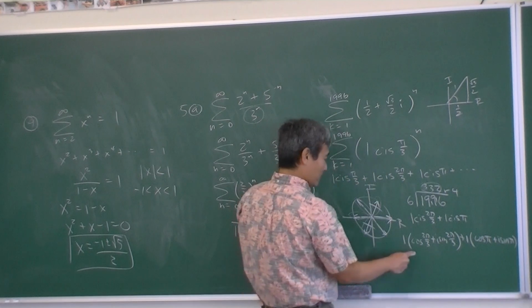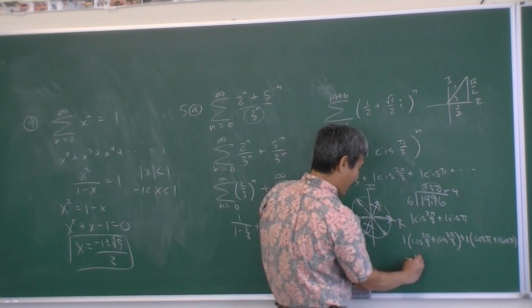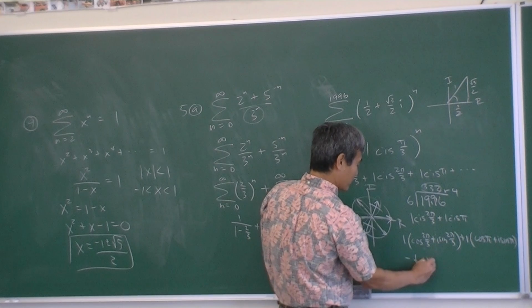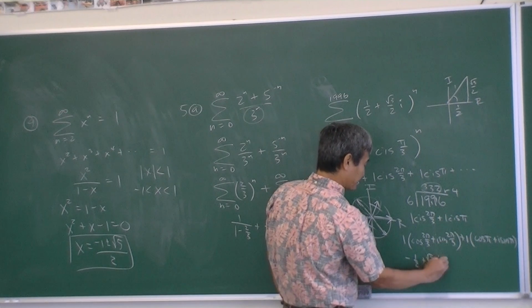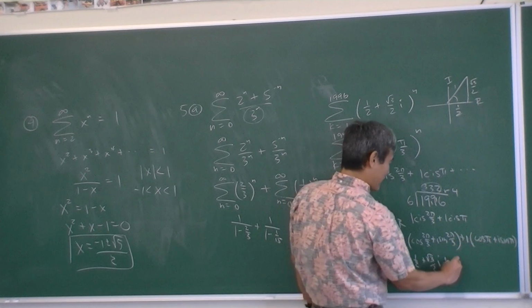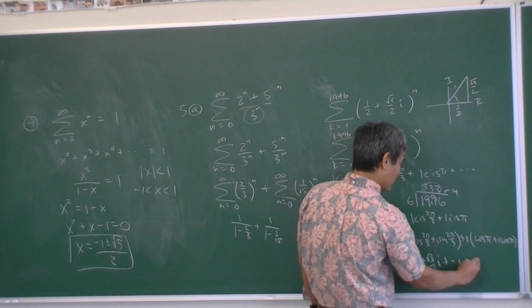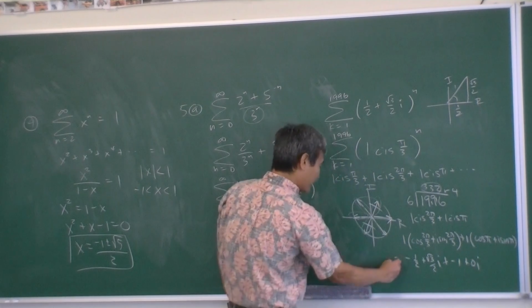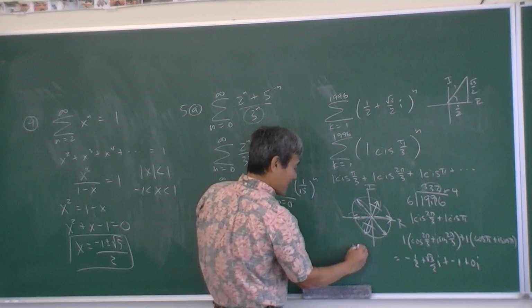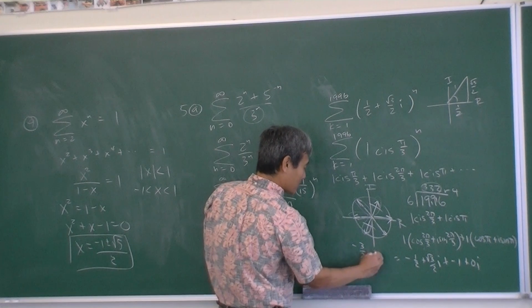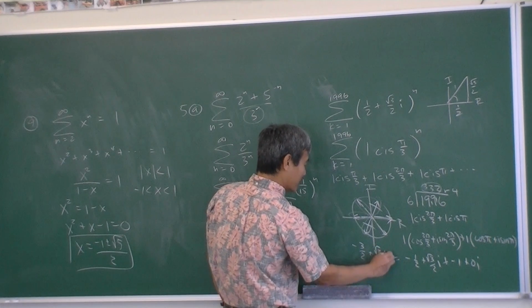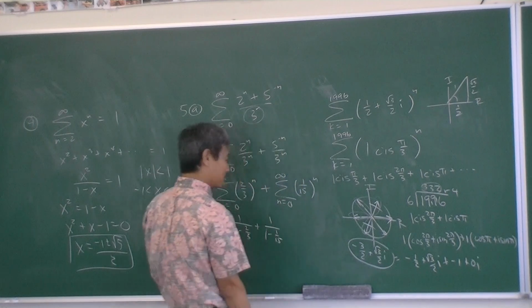Okay, so this is what? Negative half, and that's plus root 3 over 2i. Cosine pi is negative 1, so plus negative 1 plus 0i. So simplify that. Your answer is negative 3 halves plus root 3 over 2i. Box that, that's the answer.